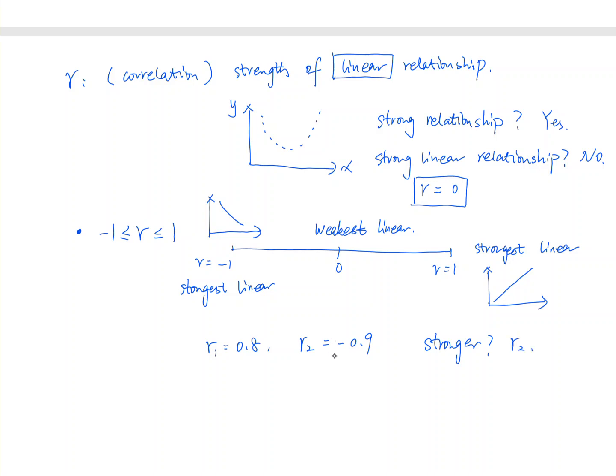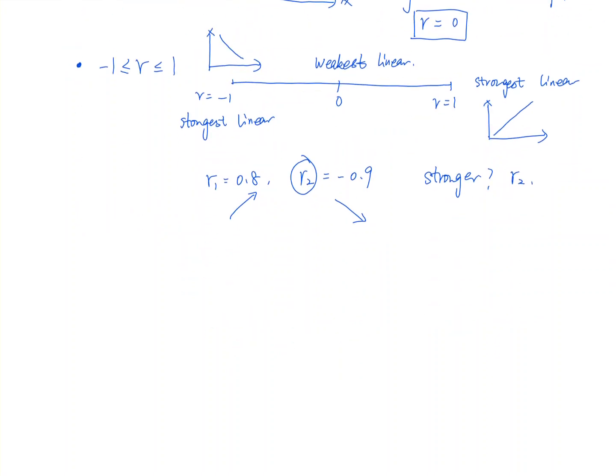This negative sign doesn't mean that 0.8 is larger than negative 0.9. It just shows you the direction. It is the negative direction. This is the positive direction. But which one has the stronger relationship? r2, because 0.9 is larger than 0.8. All right, so this is the first property of r.